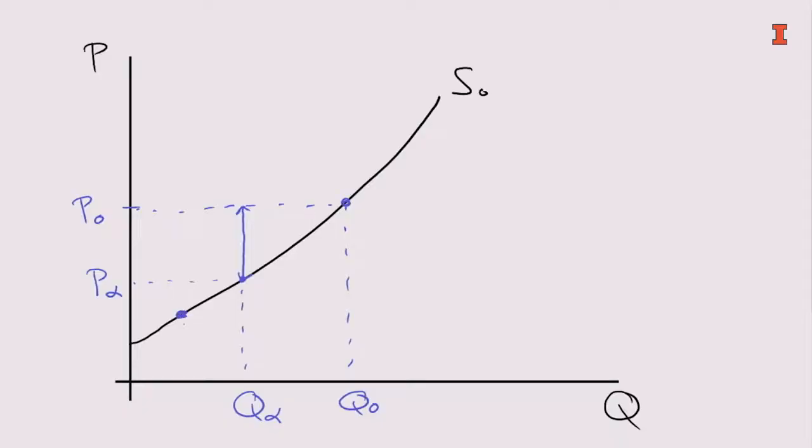Well, we can do that for every unit. We could say, look, for this unit, let's call this Q sub beta, firms would have given us that unit at just P sub beta. But lucky them, the market is actually saying, here's what you get for it. There's one out here, let's call this Q sub 2.